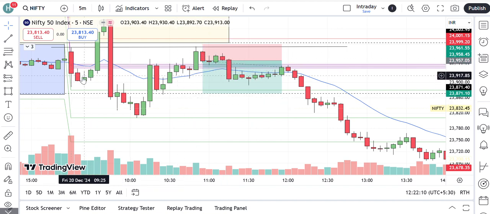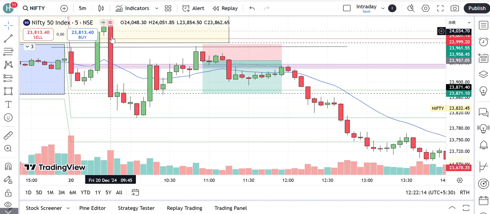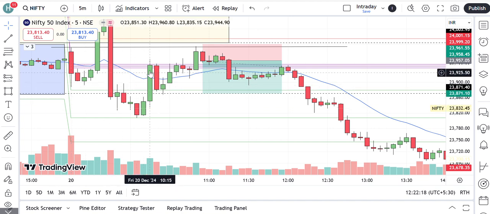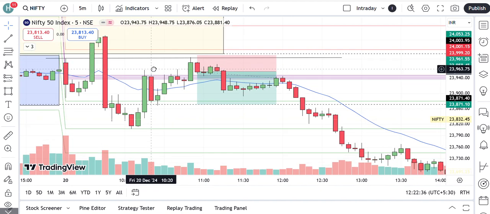So this first candle is a red candle, then the market reversed from this point, then again fell down, so there is no W pattern here. On this candle also there is no W pattern because this is a huge reversal and this is a huge candle. The W pattern is worthwhile when you take a trade and the day's high will be more than twice your target, then it is advantageous.